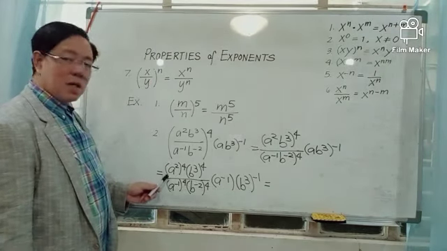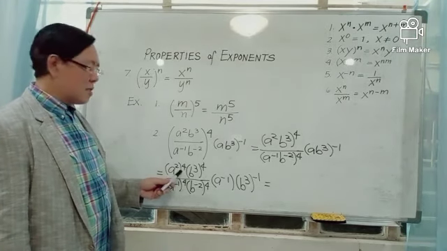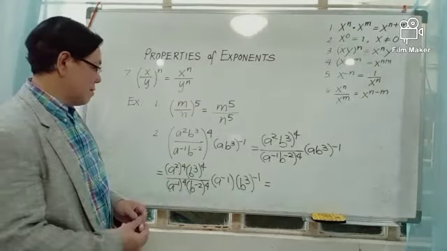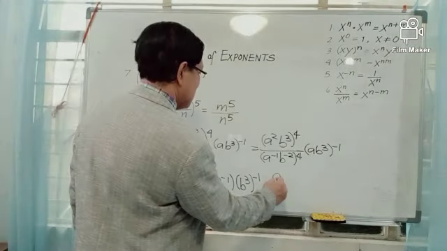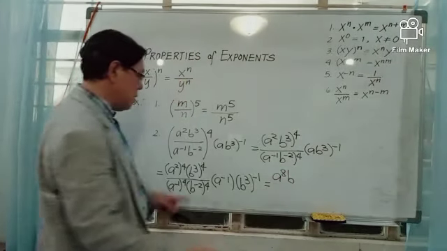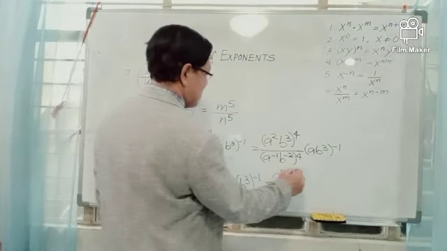We start from the numerator. A squared raised to 4 is a to the power 2 times 4, which is 8, multiplied by b raised to 3 times 4, which is 12.